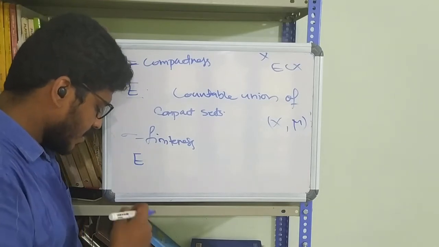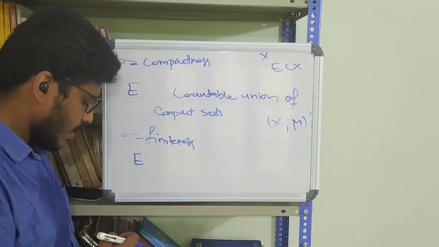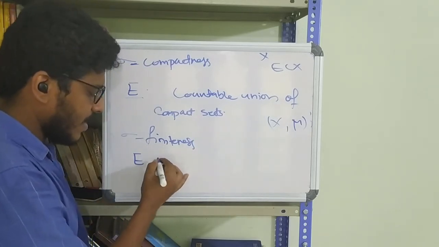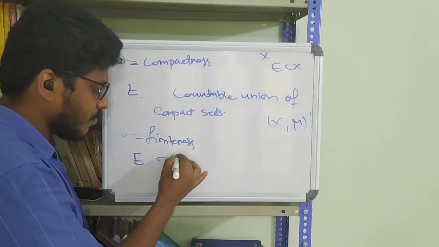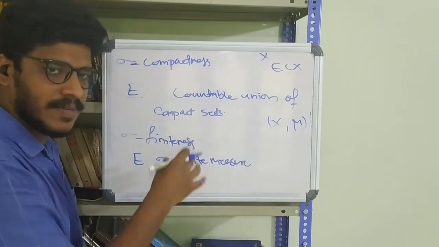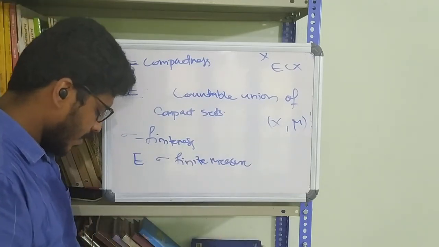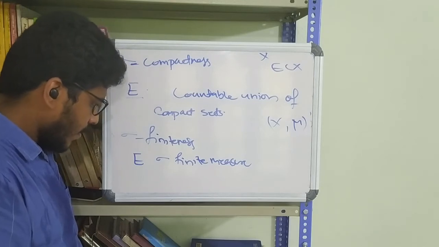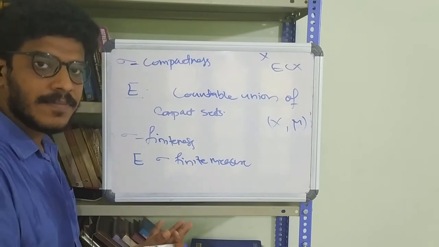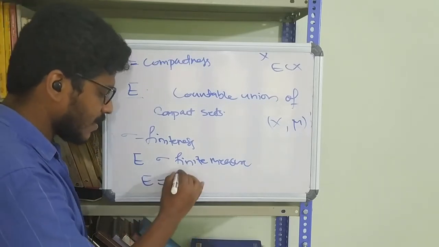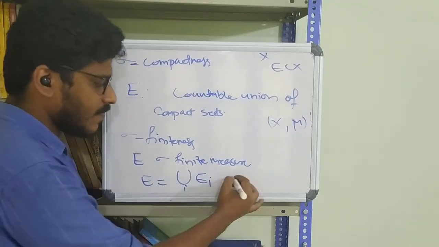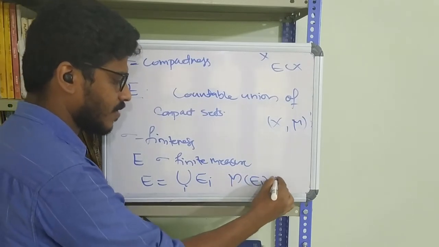E is said to have a sigma finite measure, or simply E is said to be sigma finite, if E can be expressed as a countable union of sets with finite measure.